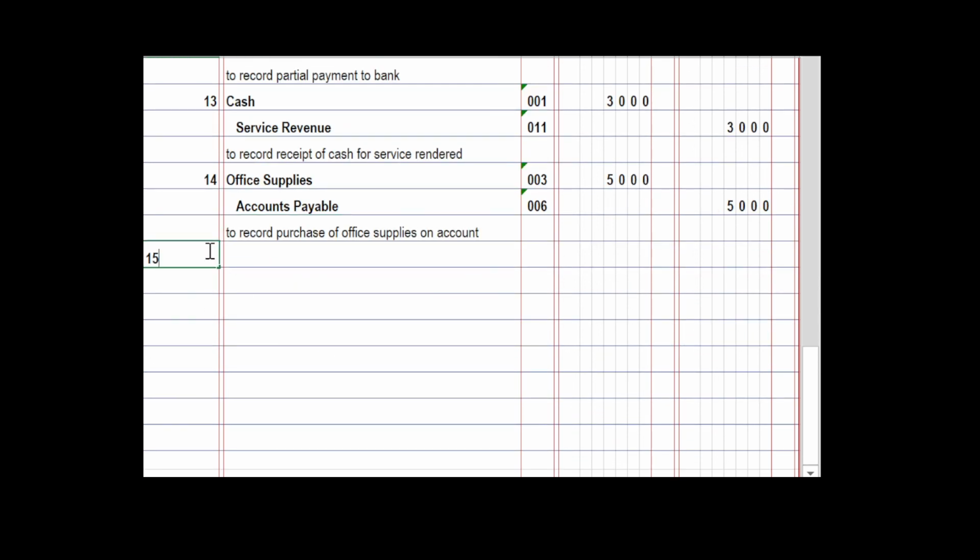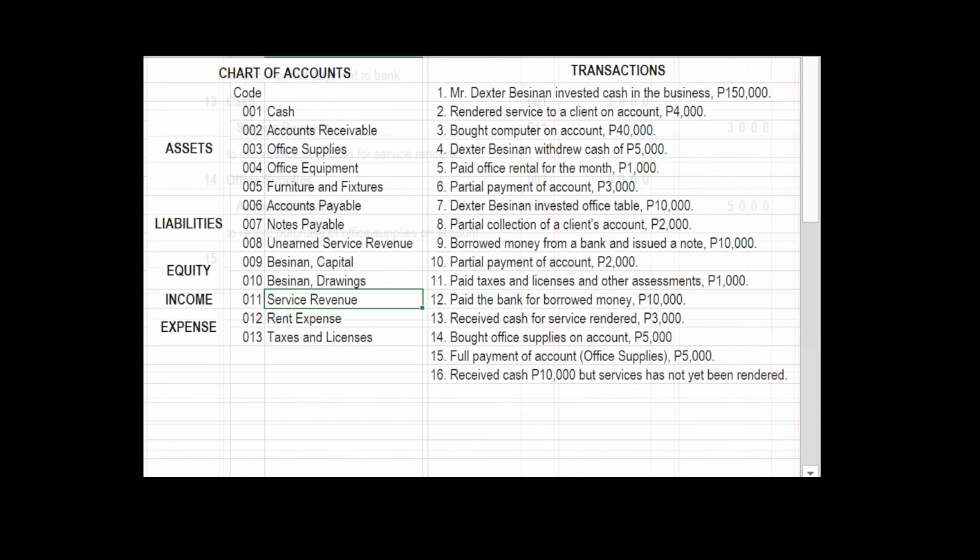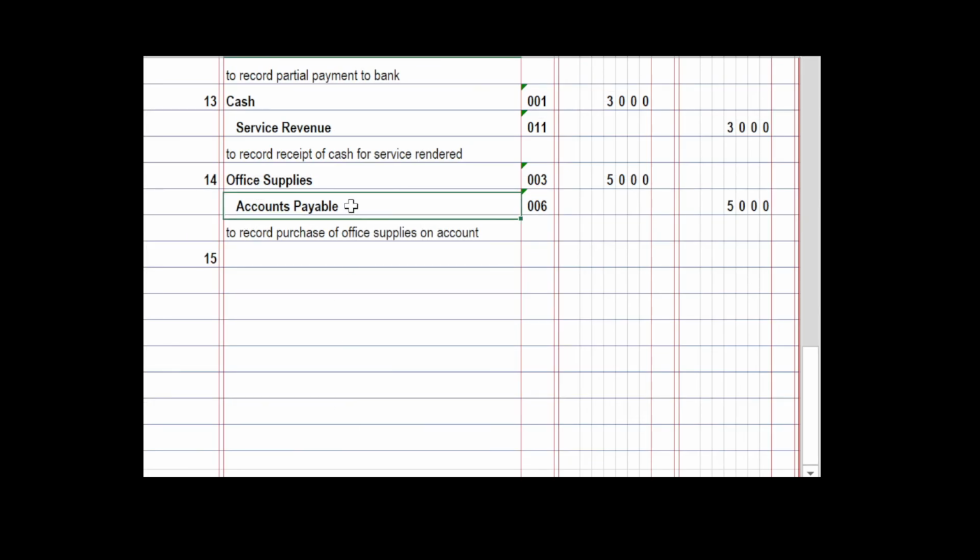Okay, next. 15, malapit na tayo sa katotohanan. So, full payment of account. Ibig sabihin niya na account is yung office supplies. So, ibig sabihin binayaran niya na to. Itong nasa number 14. The amount of 5,000. So, ang gagawin natin para matanggal itong accounts payable, debit lang natin ito.